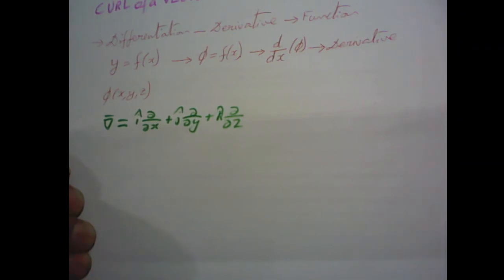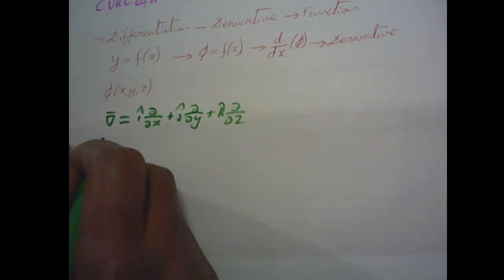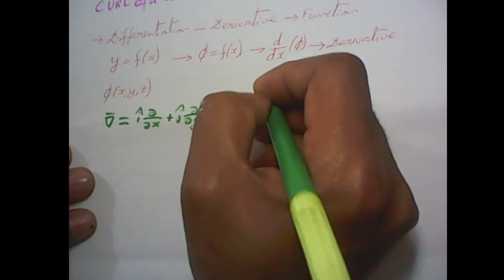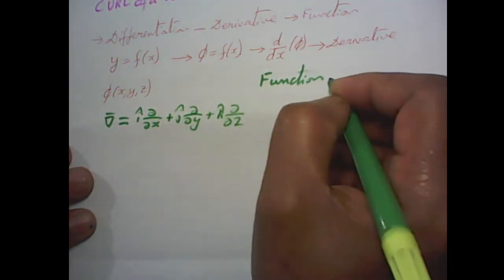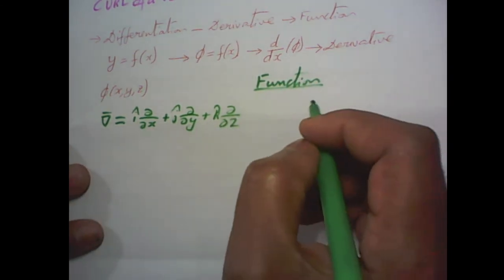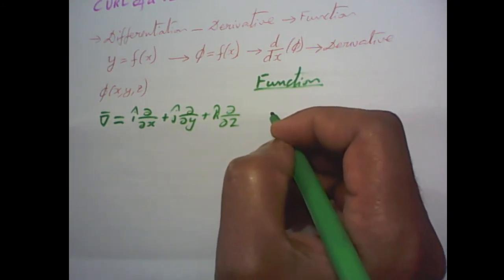So what is a scalar function? A function represents a quantity which keeps on varying with the coordinates. Let us say in the corner of a room I have a heater. This is winter, so we'll be putting on the heaters.